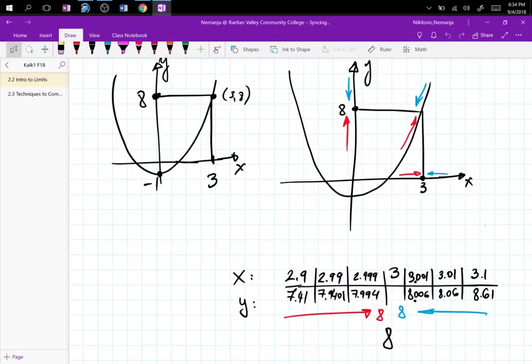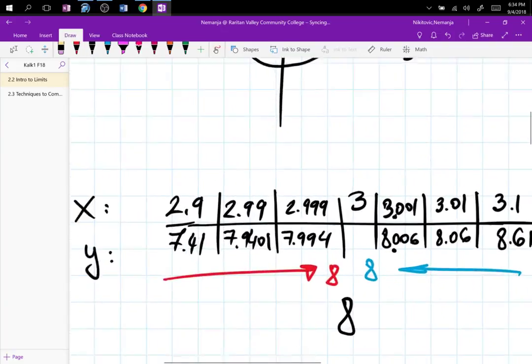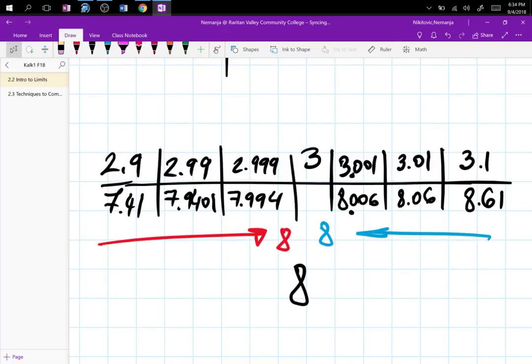And what I said is you pick numbers that are leading to 3, and then you compute y's. And you look at the trend of those numbers. So we know that we want the limit at 3. Here is the limit at 3. I pick the numbers leading up to 3, and when I compute y values in the function given, we see the trend over here is to go to 8.